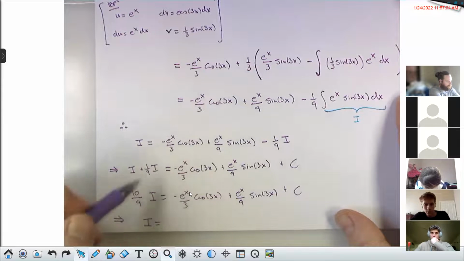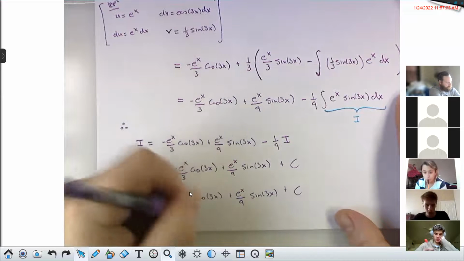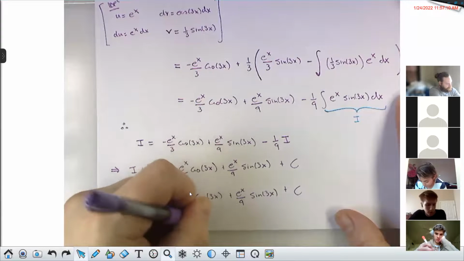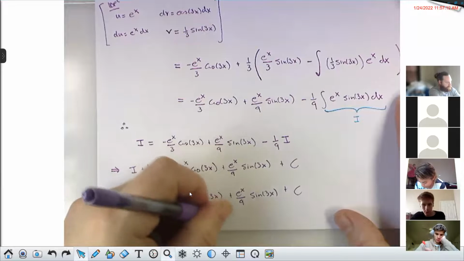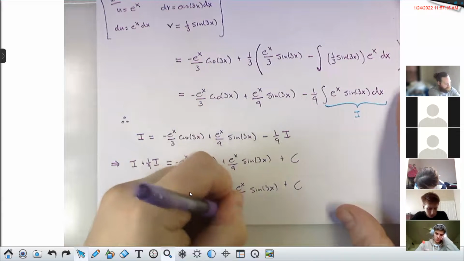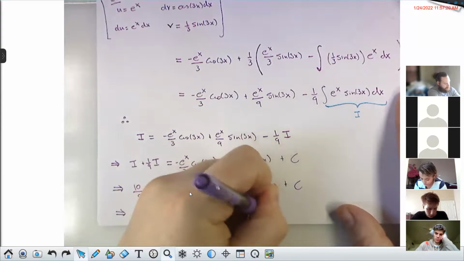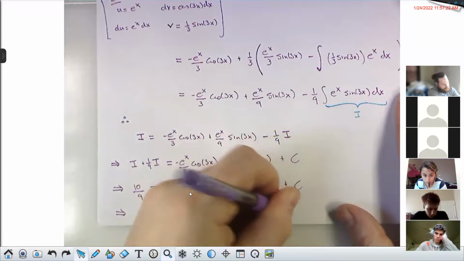That's it. The 3's will cancel and you get -3/10 e to the x cos 3x. Here the 9's cancel and you just get +1/10 e to the x sine 3x.